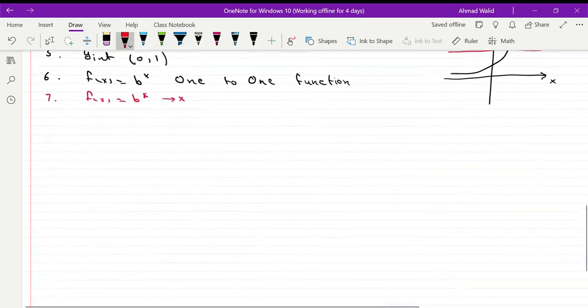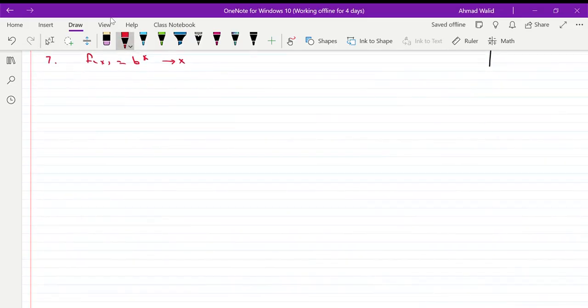One more thing that you have to remember, your b, in both cases, I told you, b should be greater than 1 or b can be greater than 0, less than 1. If someone gives me this function f of x equals negative 1 to the power of x, and they ask me, is this an exponential function?